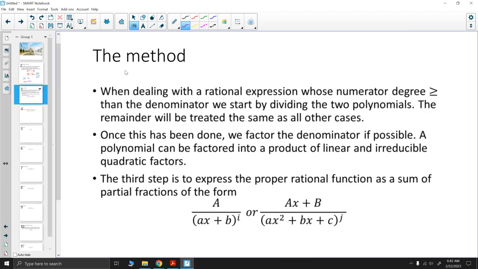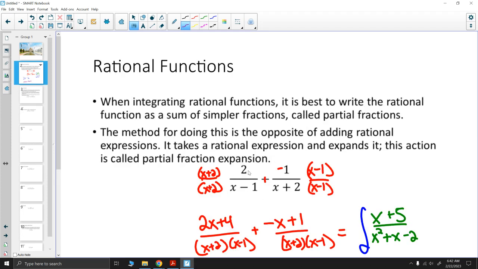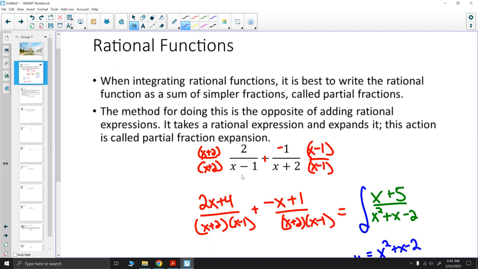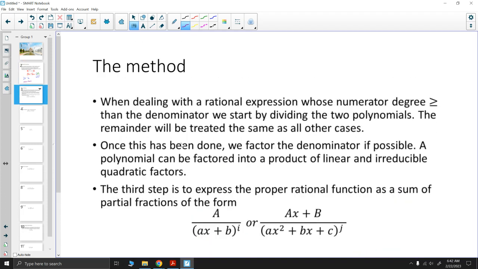Basically, first of all, we have to make sure that the degree of the bottom is the highest degree. So if the degree of the top, our numerator, is greater than or equal to the degree of the bottom, our denominator, then we have to start by dividing them.